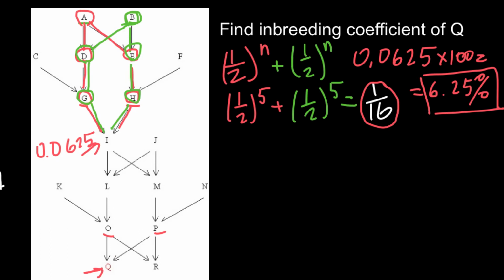And this is going to be individuals I and J. Now we can also make two rings showing how individual Q can get two identical alleles from both the mother and father side, from individuals I and J. The first pathway would be as follows: through the mother side and through the father side.